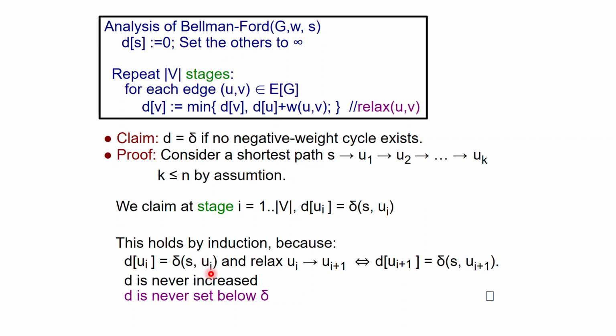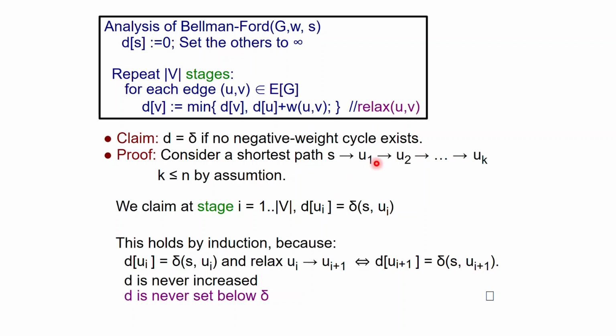So at the beginning you definitely have the right distance for s. And in the future, if you have the right distance for some node u sub i, and you relax the edge u_i goes to u_{i+1}, then the distance of u_{i+1} will be set to delta of s, u_{i+1}.